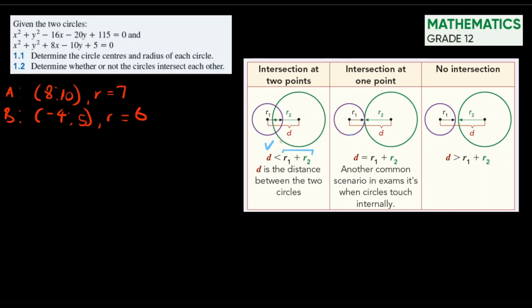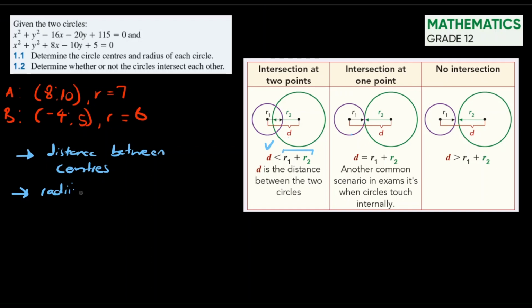So the key thing is always to calculate the distance between centers, and you need the radii of the two circles. The distance between the centers and the radii always help you evaluate whether they intersect at 2 points, at 1 point, or not at all.